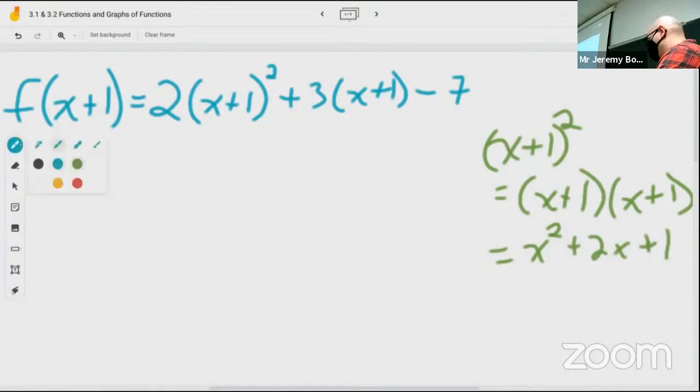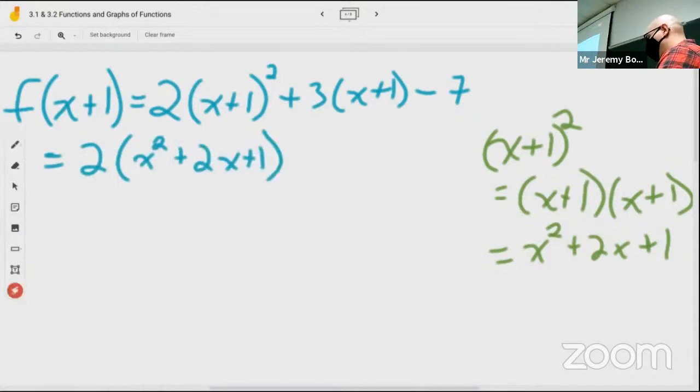So this first term would be 2 times x squared plus 2x plus 1. We could take this 3 and distribute it to the x and the 1, so this would be 3x plus 3. And then we still have that minus 7. Don't forget about that at the end.